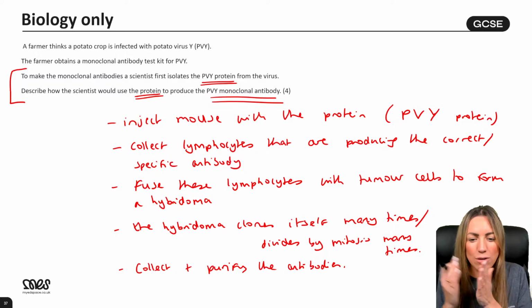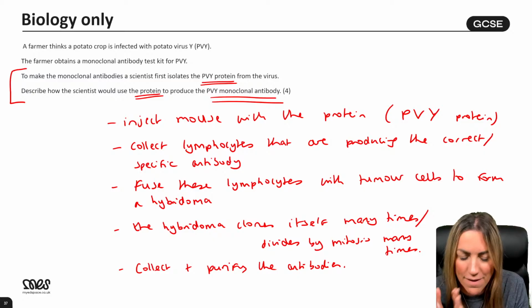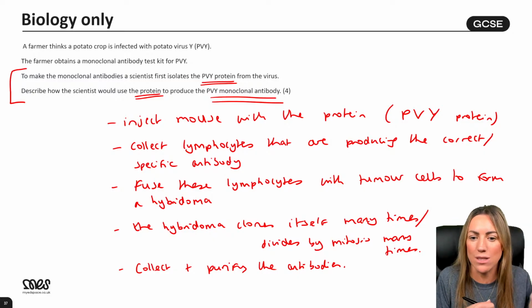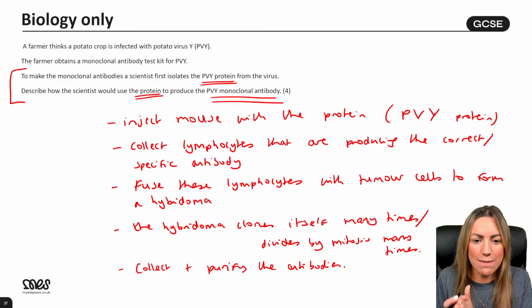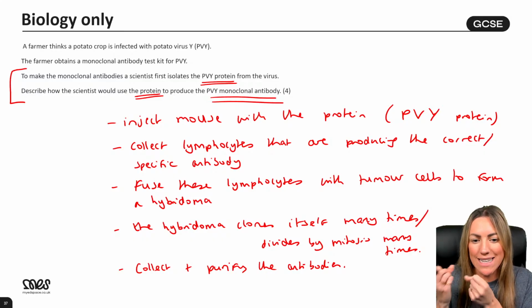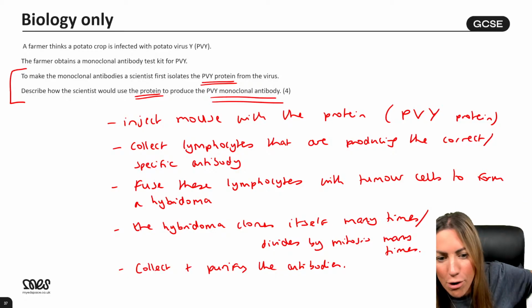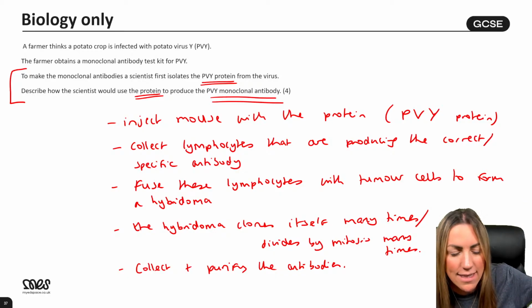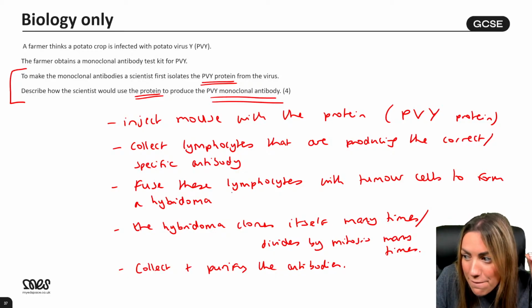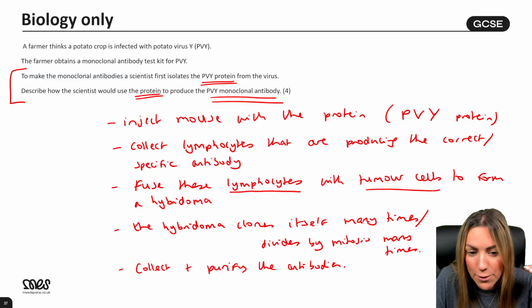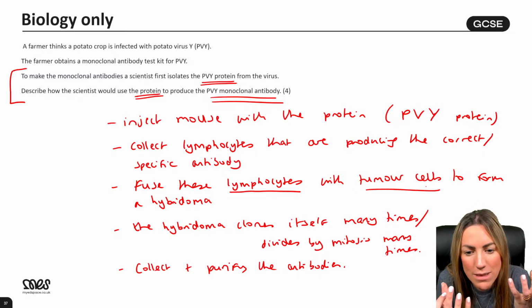Okay, so how do we feel about this? Yeah, collect and purify. Yeah, because in the past that has been a mark as well. So you're injecting the mouse with the specific protein that they've said in the question. You're collecting lymphocytes that specifically make the antibody for that protein, not just any lymphocytes. You fuse the lymphocytes with a tumor cell because you're going to combine their properties, right?